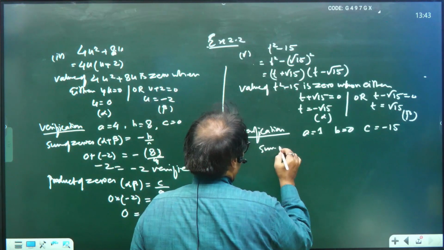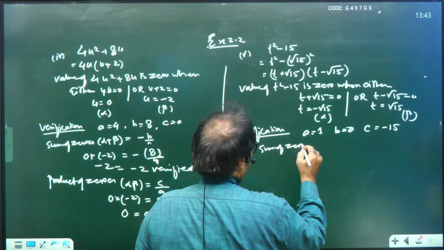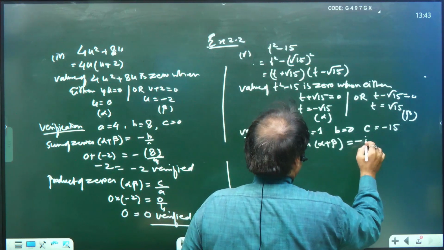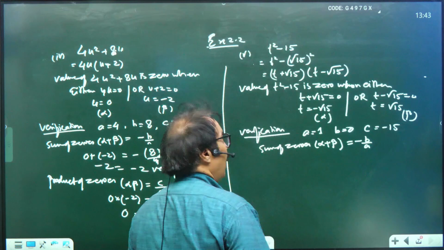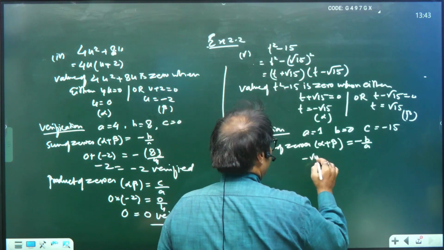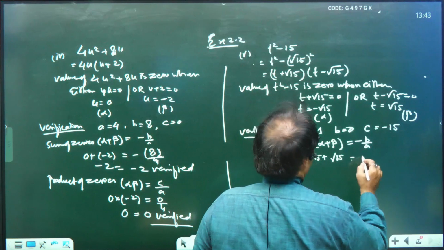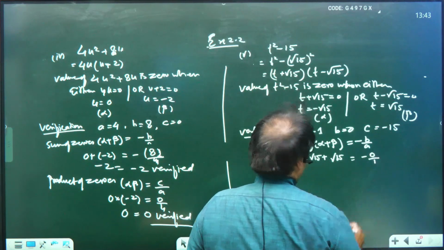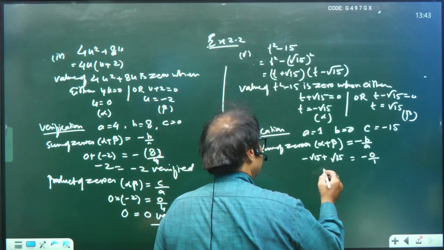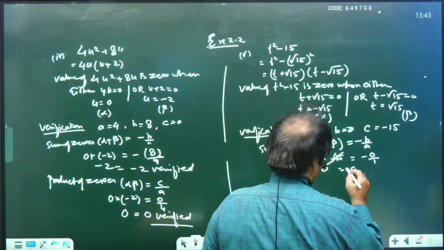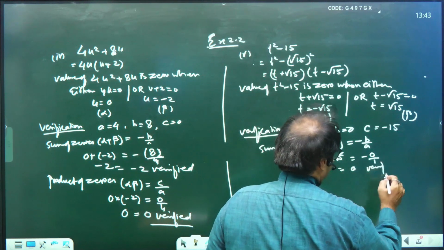The sum of zeros, that is alpha plus beta, the relationship is minus b upon a. Alpha value is minus root 15 and beta value is plus root 15, and minus b is 0 and a is 1. So this will be 0 because these cancel out, plus minus, and 0 by 1 is 0. So it is verified.